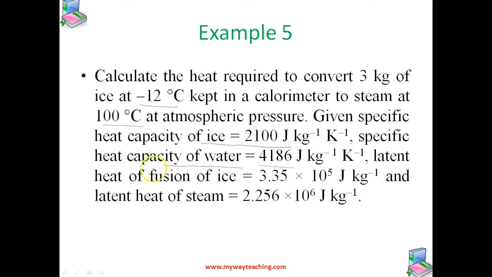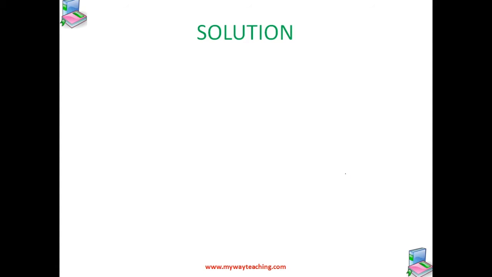Latent heat of fusion of ice is 3.35 into 10 raised to 5 joule per kg, and latent heat of steam is given as 2.256 into 10 raised to 6 joule per kg. Okay. So here they have given all these parameters.